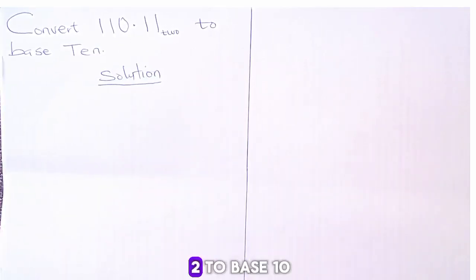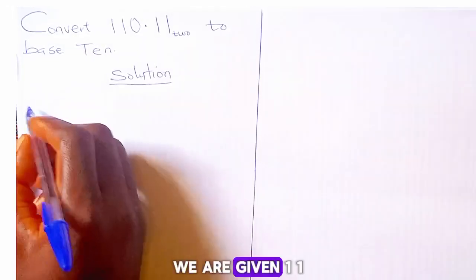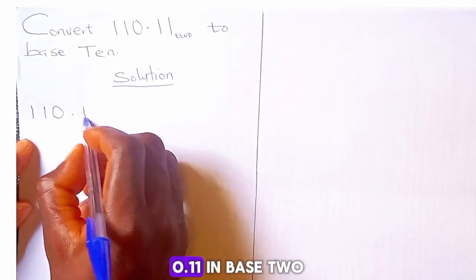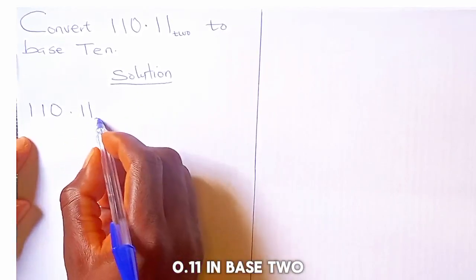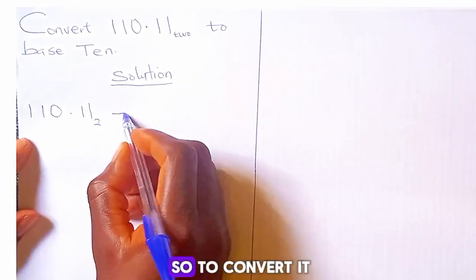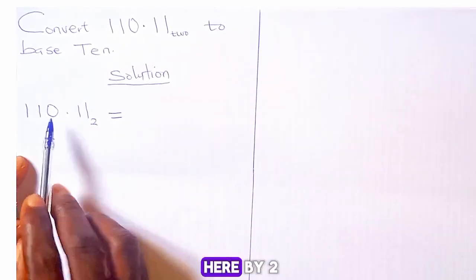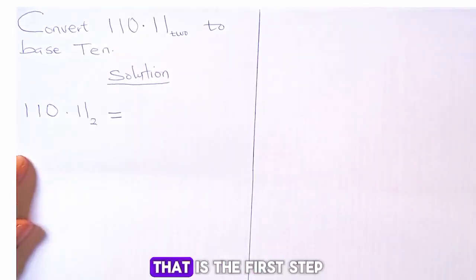In this lesson, I want to show you how to convert 110.11 in base 2 to base 10. We are given 110.11 in base 2. To convert it to base 10, I'm going to multiply each of the digits here by 2. That is the first step.